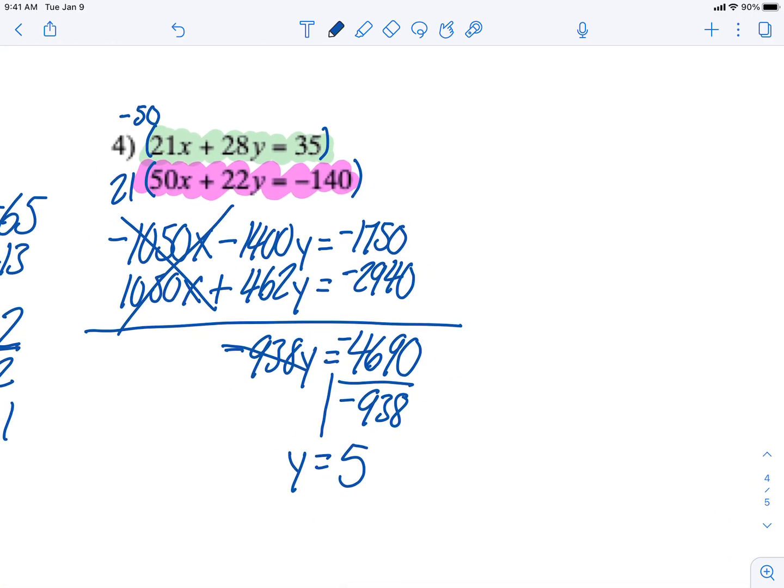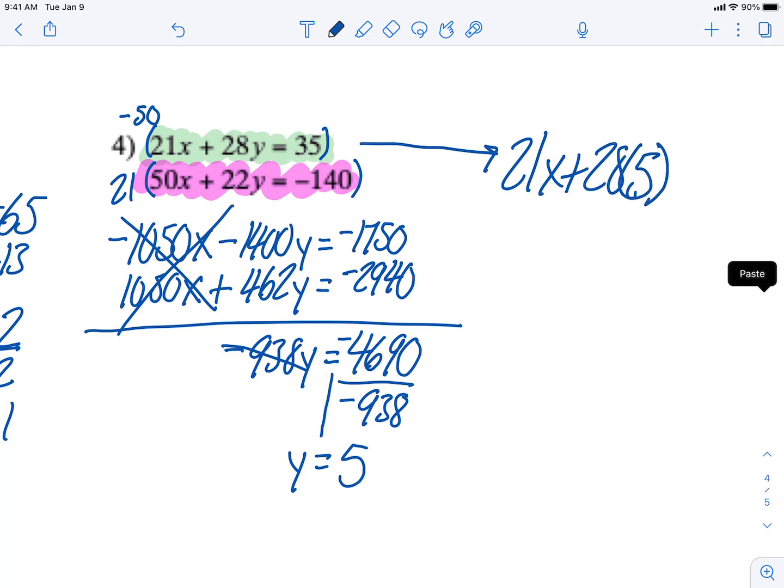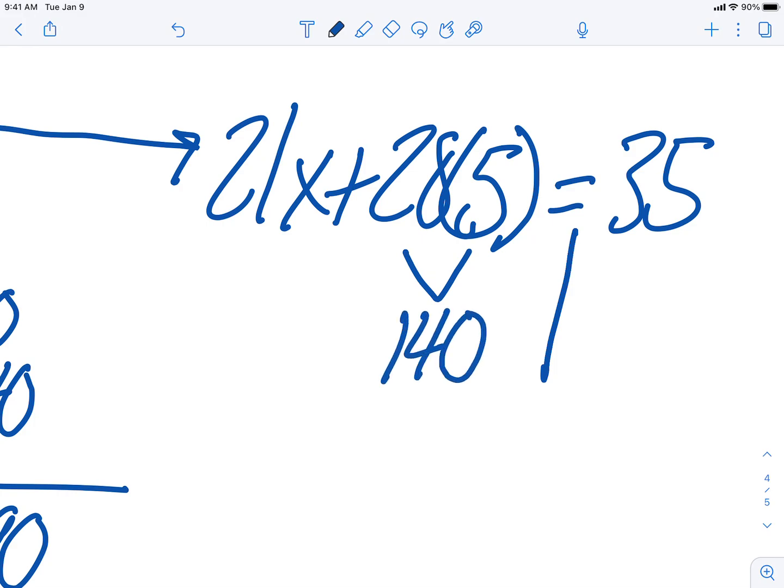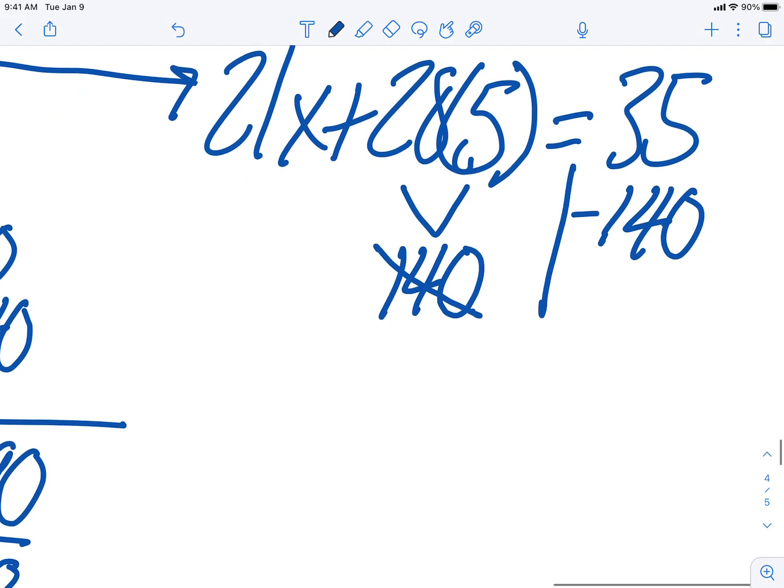Right? So now I can bring over my green here. 21x plus 28 parentheses 5, because I know y is 5, is equal to 35. Okay. 5 times 28 is 140. And I'm going to bring 140 over as negative 140.